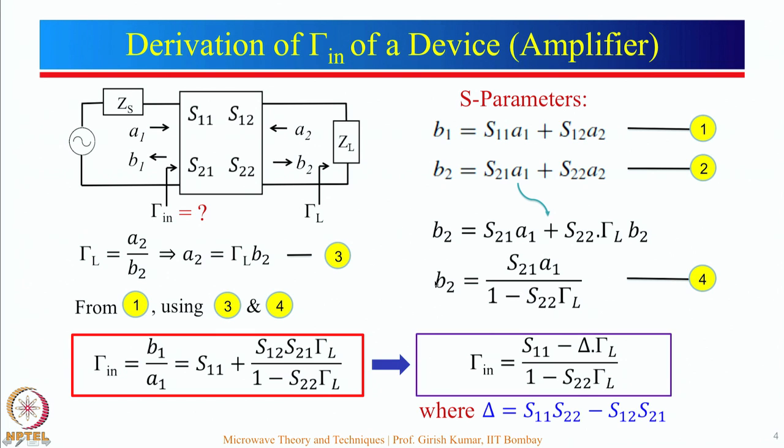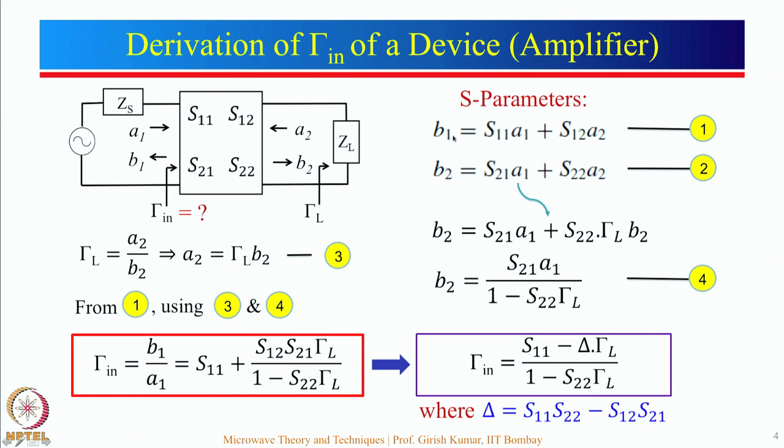We put this value of B2 in the other equation, after writing A2 equal to gamma L B2. Why are we doing that? Because our objective is to find gamma in, which is equal to B1 by A1. We have already removed A2 from here, as you can see from this equation. Now, we will remove A2 from the other equation. Let us see how we proceed.